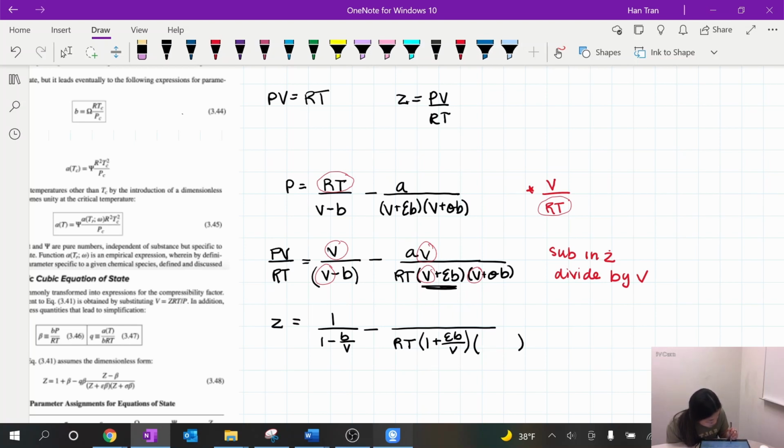So then this quantity will also be 1 plus sigma B over the specific volume.